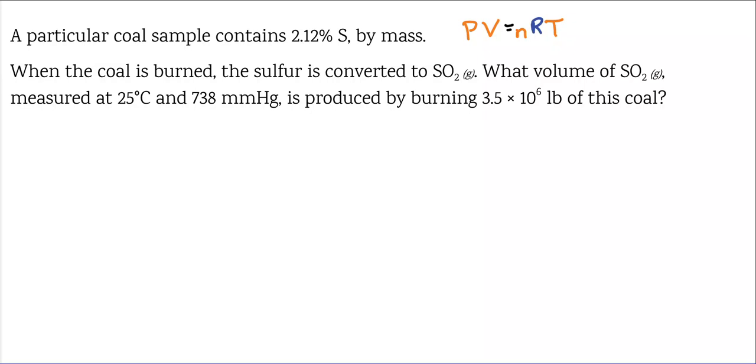This is an industrial-sized amount of coal being consumed. The n is hidden in the 3.5 million pounds of coal. We need to use the chemical reaction that was unlisted and the percent by mass values that we have.